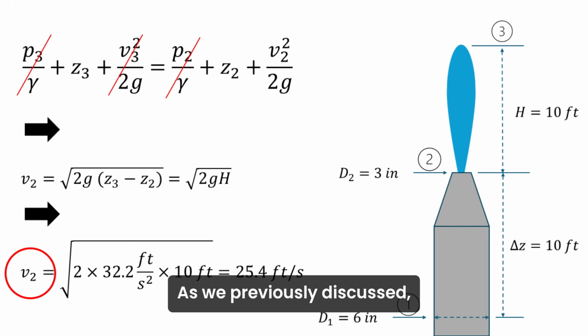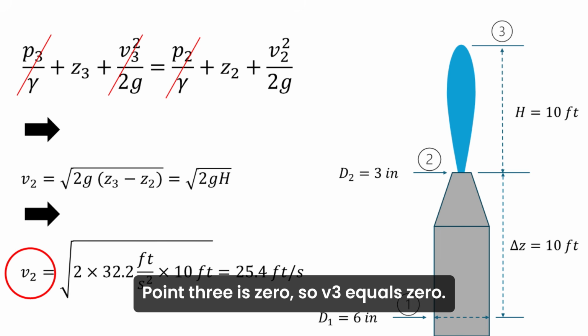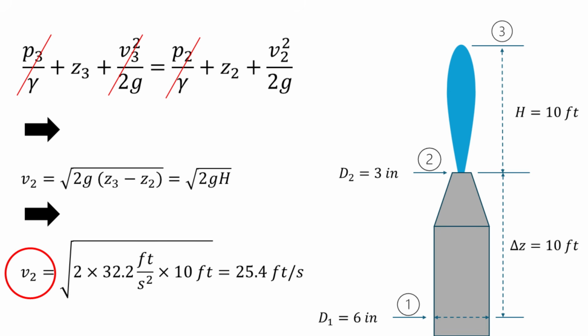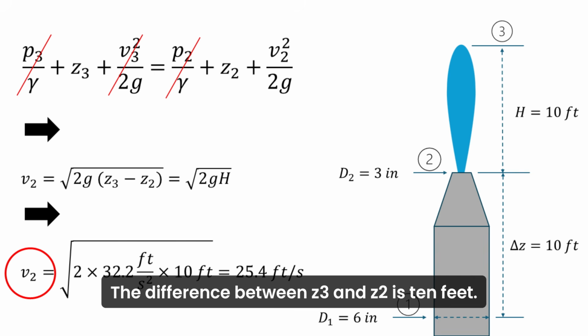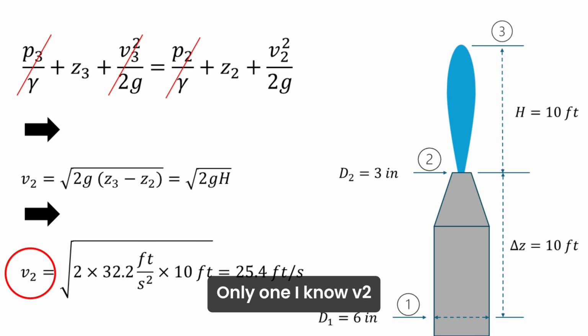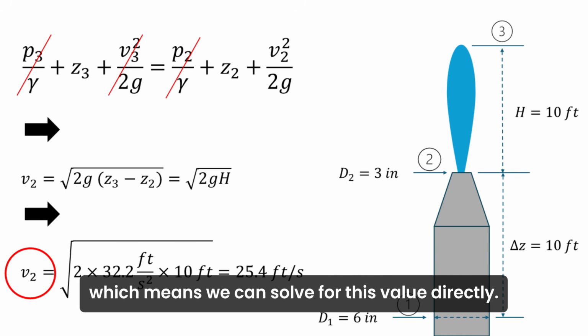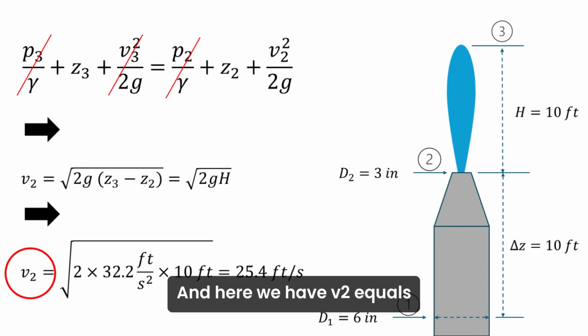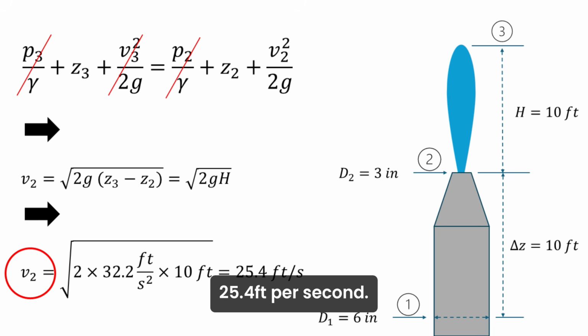As we previously discussed, the velocity at the highest point, point 3, is 0, so V3 equals 0. The difference between Z3 and Z2 is 10 feet. Only one unknown, V2, is in this equation, which means we can solve for this value directly. And here we have V2 equals 25.4 feet per second.